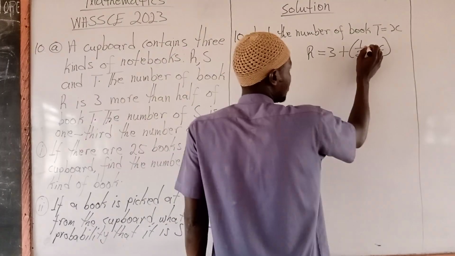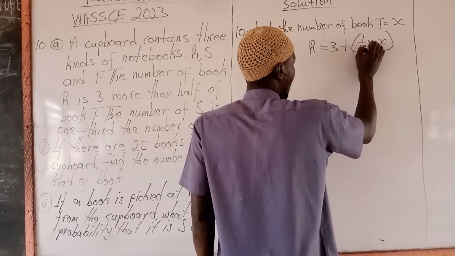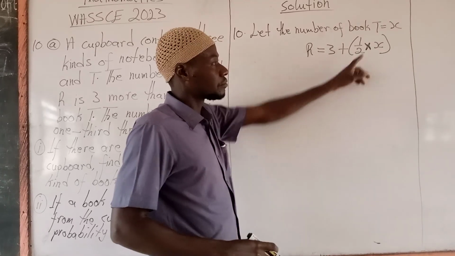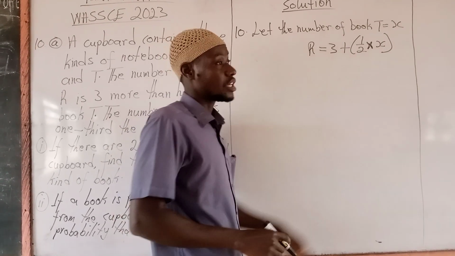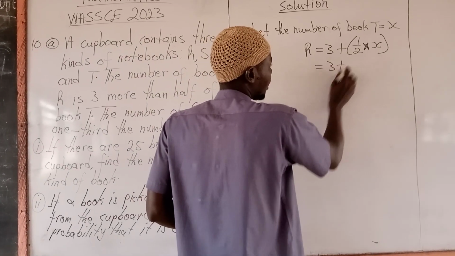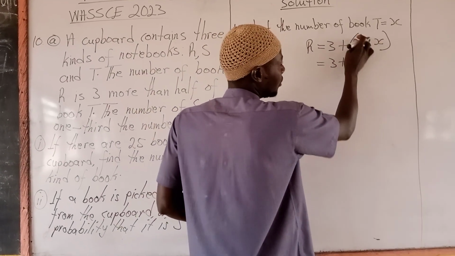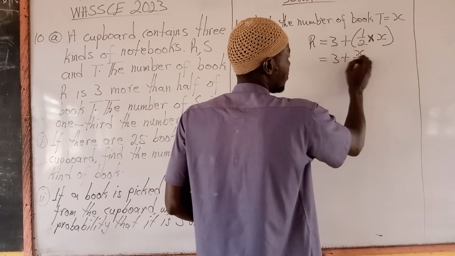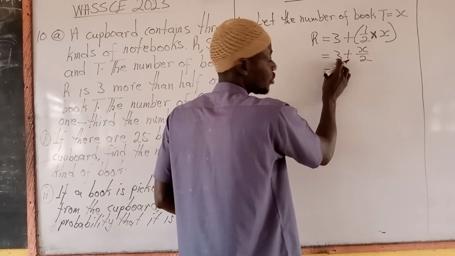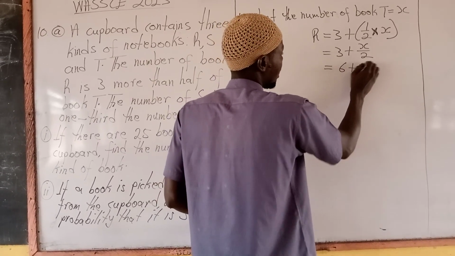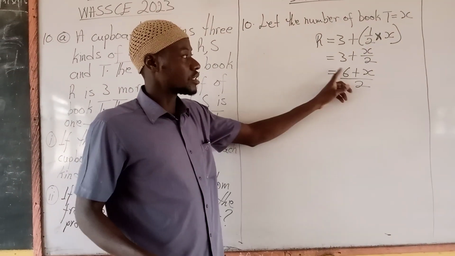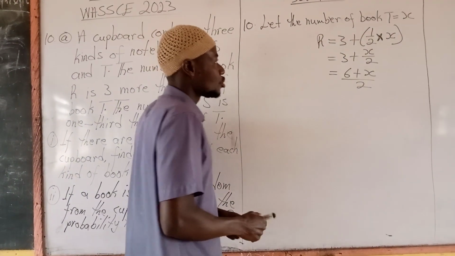That's 3 plus x times half, which is x divided by 2. This will give us 2 times 3, 6, plus x, all divided by 2. So the number of book R is (6 plus x) divided by 2.